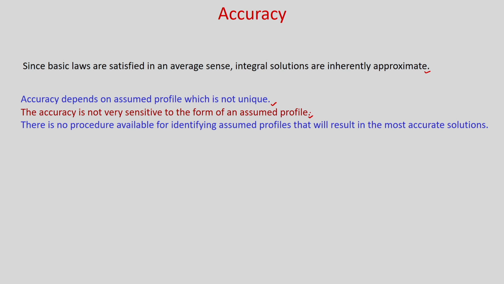You can see there will be little variation in the final solution of the temperature profile, velocity profile or boundary layer thickness when you use a different degree of polynomial. There is no procedure available for identifying profiles that will result in the most accurate solutions. We do not know the optimum temperature or velocity profile for which you will get results closer to the exact solution.